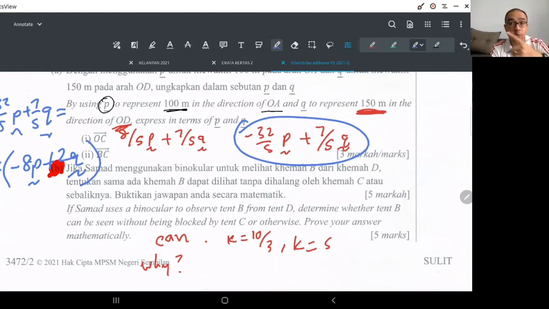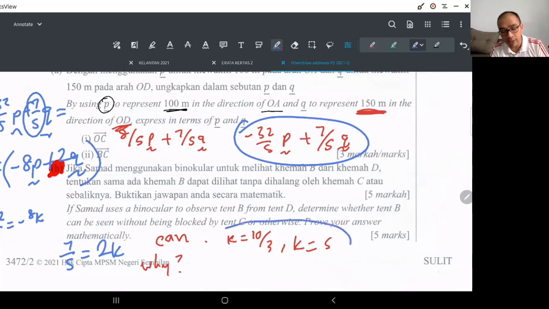Again, for vectors, we never move terms around, we always compare. So we get negative 32 over 5 equals negative 8K, and the other one is 7 over 5 equals 2K. So the question is, is this K value going to be the same? And we find that the K value is not the same. One is 10 over 3 and the other is 5.